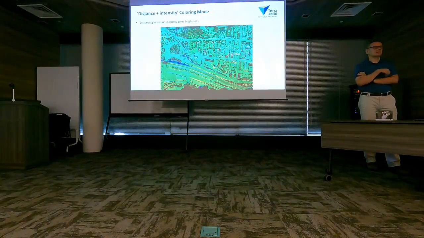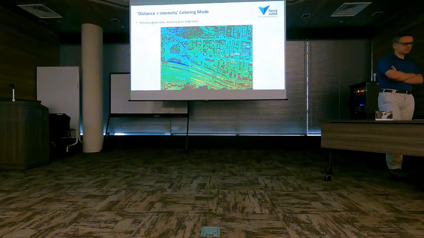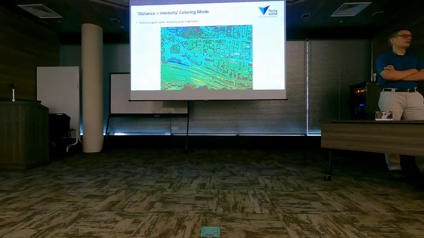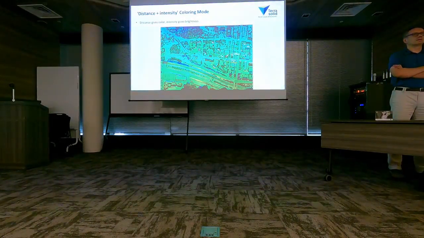In this case, distance computed is the difference between flight passes. Green means that the flight passes are close to each other.